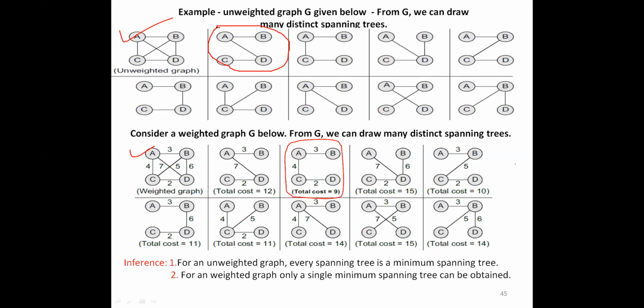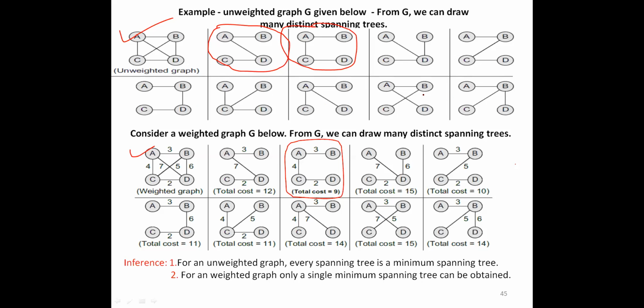That is the condition, but you can have a minimum number of edges. Like this, you can draw different spanning trees for the unweighted graph. So how many spanning trees are possible? 1, 2, 3, 4, 7, 8, 9. So 9 spanning trees are possible.